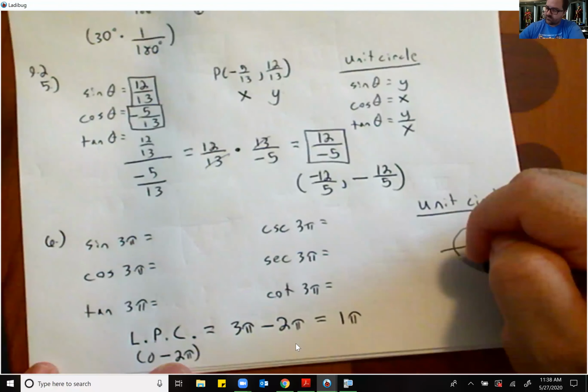Secant alpha is just the reciprocal of cosine, so we flip that upside down, it's still negative, and it's 13 over 5. And cotangent alpha is equal to the reciprocal of tangent, so flip this upside down, and it's 5 over 12. And there you go. Like I said, if you know the big three, sine, cosine, and tangent, you know the other three because they're just reciprocals. Easy peasy, lemon squeezy.